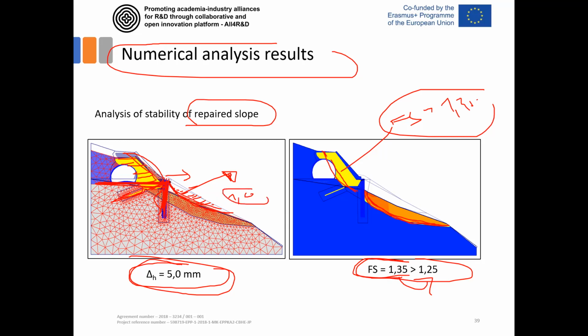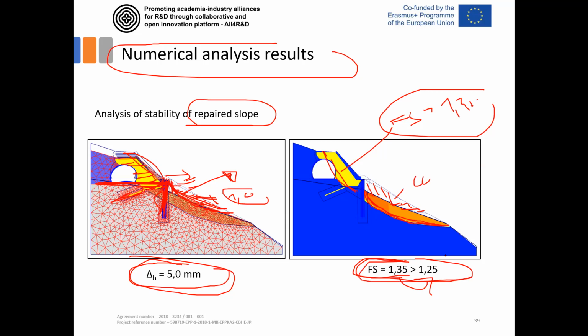So it is possible that this will continue to creep down the slope, and after a 10, 20, 30 year period, it is possible that there is no contact between this soil and this pile wall. So this was removed as an additional conservative assumption in the calculation to cover the most inappropriate scenario that could occur at the location.